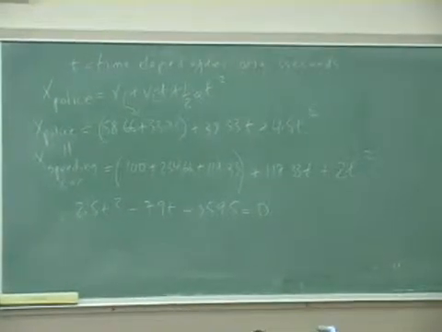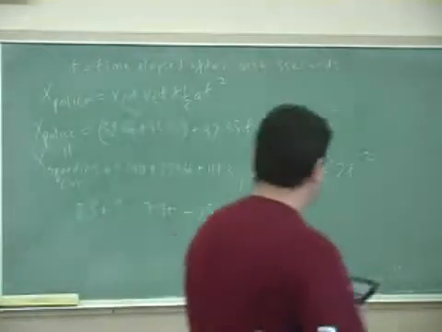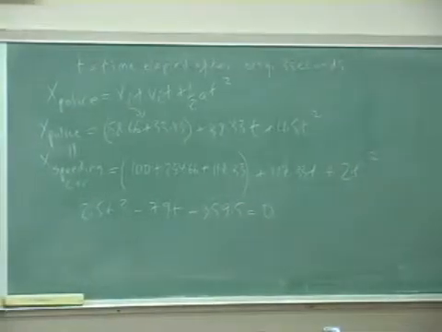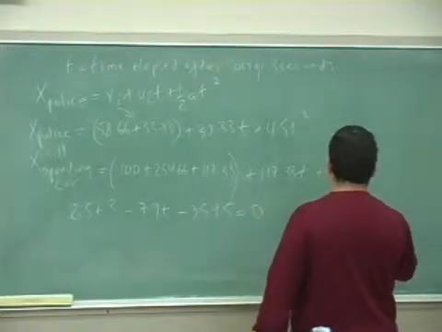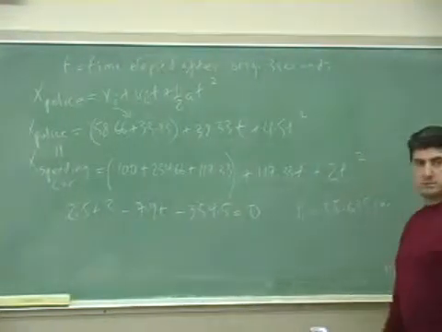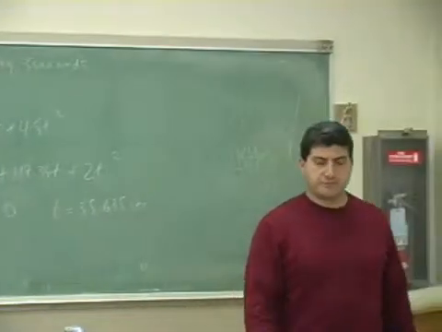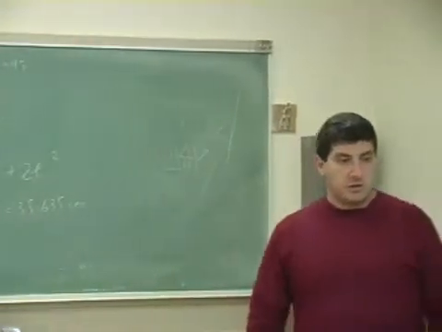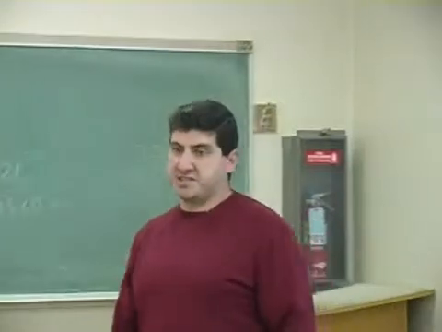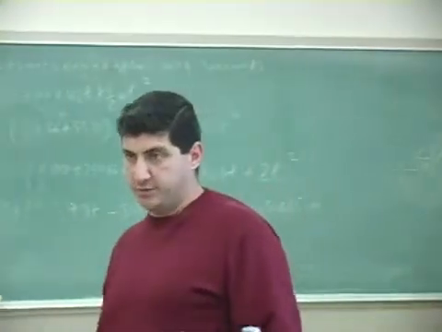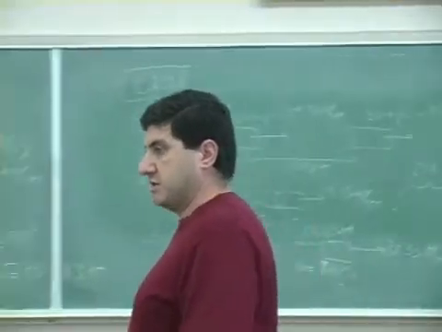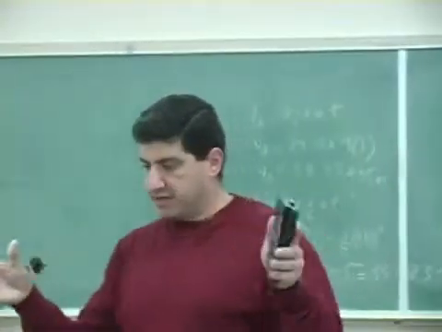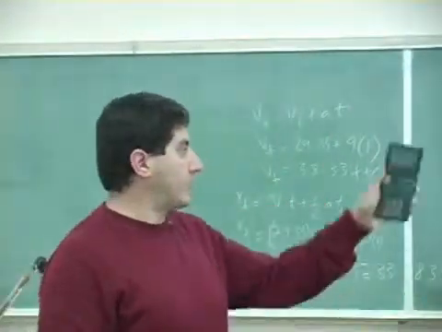35.635 seconds. So, how many seconds is it going to take the police to catch up to the speeding car overall? If I ask how many overall, well, then add 3 seconds to that.